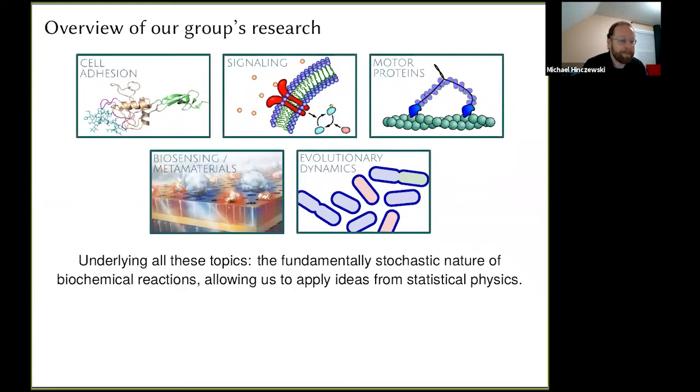So whether it's the biochemical reactions involved in cell adhesion or the dynamics involved in motor proteins, there are ideas here that make it a natural fit for statistical physics as a description of these systems. And that's what drew me into biophysics, and that's what my group continues to do.